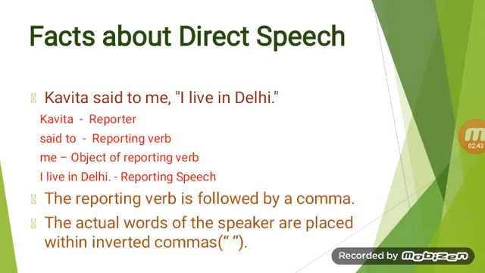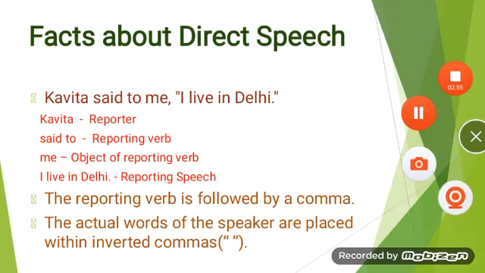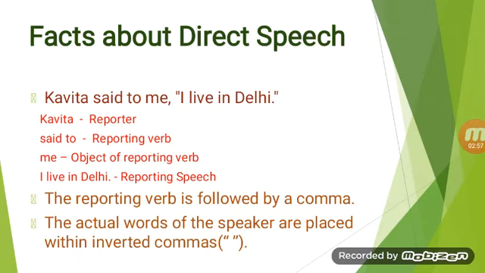So you can say reporter or the speaker, reporting verb, the verb which has been used to report. Object of reporting verb is me, means this sentence is being reported to me.